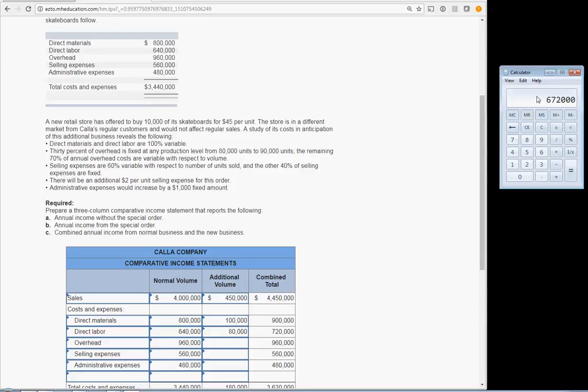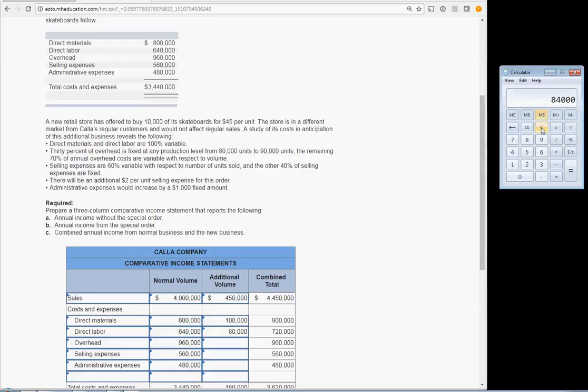So the variable piece at 80,000 units is 672,000. Now I divide that by 80,000 to get my variable unit rate of $8.40. I take the $8.40 times my 10,000 unit order to come up to 84,000 overhead.